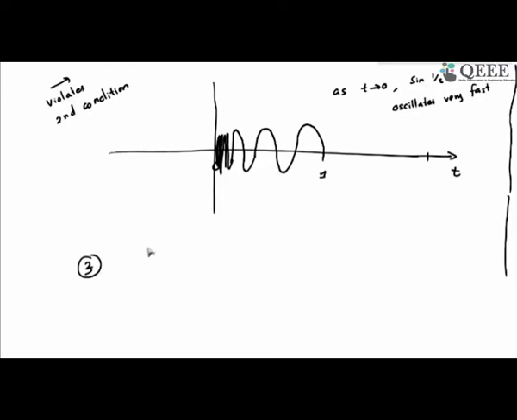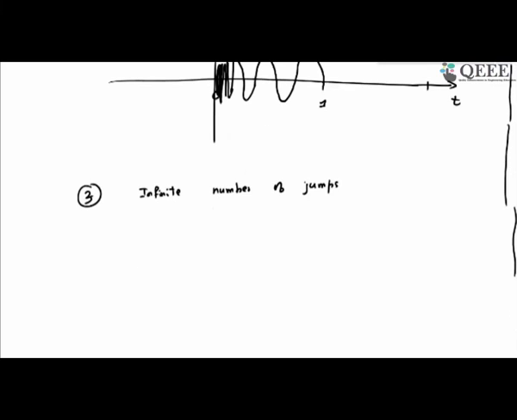And the last function is like this: infinite number of discontinuities, so infinite number of jumps. Let us get a function which will have an infinite number of jumps within the first time period. Let's say the time period again is 0 to 1.